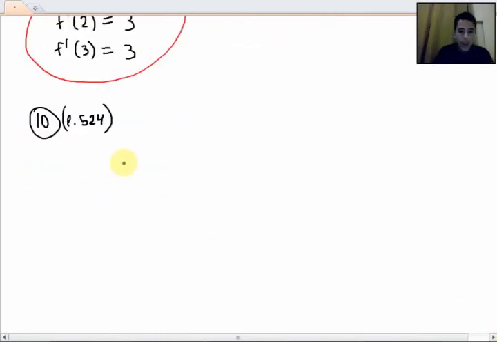Okay, again, they want us to find the derivative here. Here's the function, 2x squared plus 8. So they want the derivative of the function at x. They also want the same thing as before.